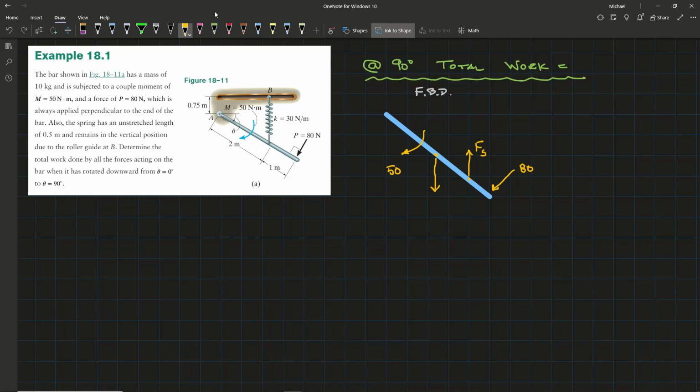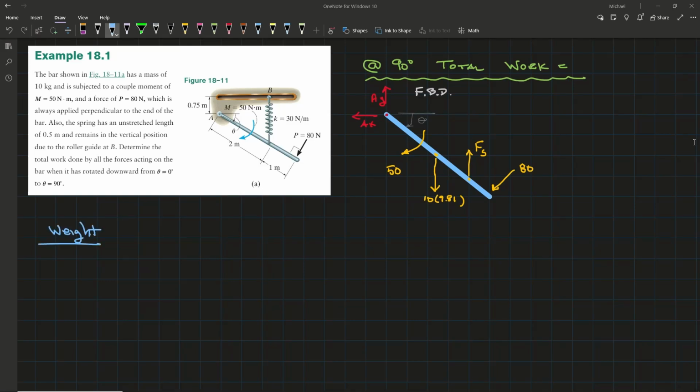Our beam weight has a mass of 10 kilograms, so if we multiply by 9.81, we'll have our weight. And just for reference, theta is in this direction. And then we have reactions. Let's go with an AX this way and an AY this way. I'll draw these in red because AX and AY don't contribute to any work done since that's a pin joint.